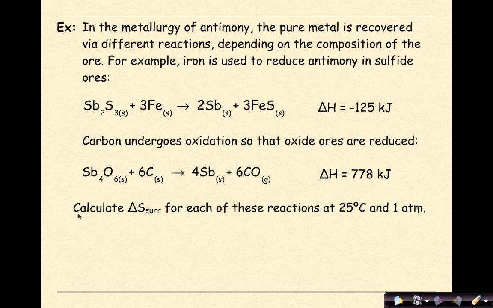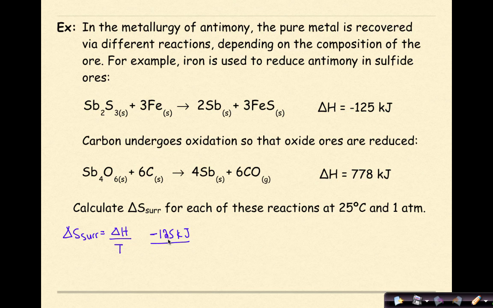So the formula that we're going to use here is delta S of our surroundings is equal to change in enthalpy over the temperature. So in our first situation, from our first reaction, we're going to have negative 125 kilojoules over the temperature.